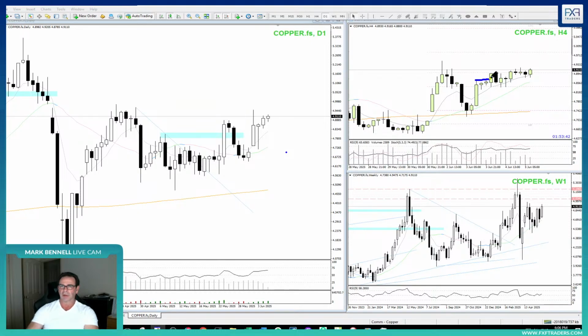If you got the 1, 2, 3 entry, we had a nice push through there, so then you can bring your stop up under the consolidation. You're halving your risk. That's one of the rules with the 1, 2, 3. Wide range bar, a series of dojis.